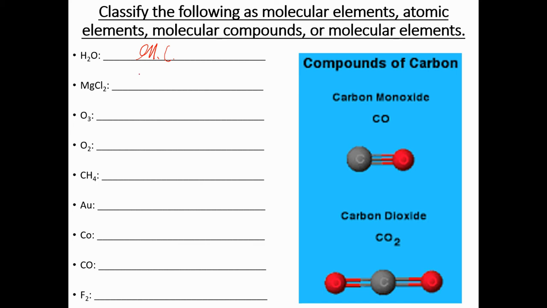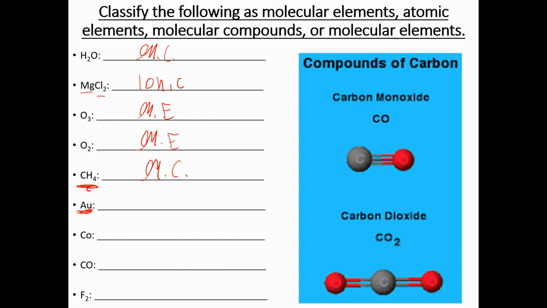This would actually be an ionic compound, because it's a metal and nonmetal. O3, the same nonmetal, so it's a molecular element. O2, molecular element because it's two of the same. CH4, all nonmetals but different nonmetals, so molecular compound.